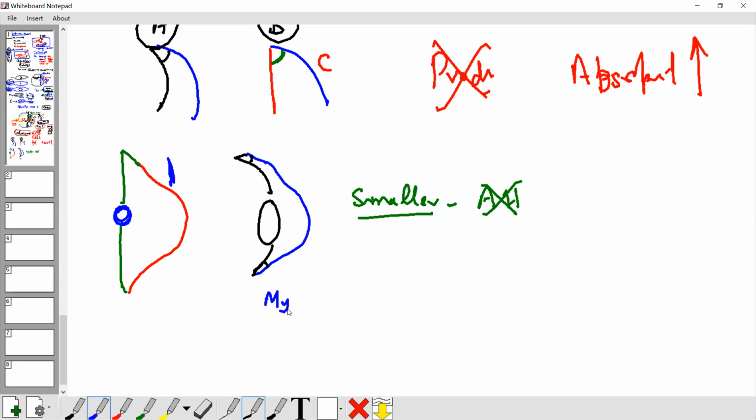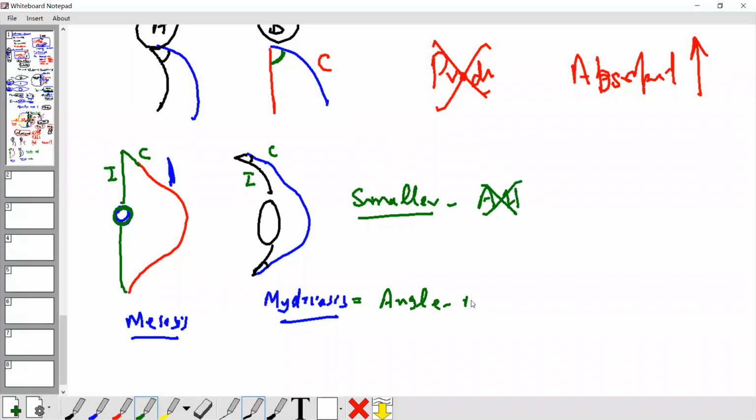What is this? Mydriasis. What is this? Meiosis. When you do the meiosis, what happens with this angle? This is the iris, this is the cornea. So if you do the mydriasis, the angle becomes small, the angle becomes narrow.